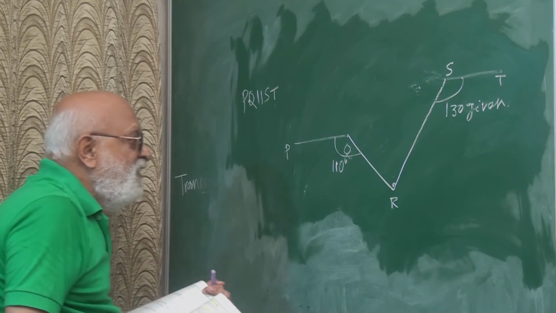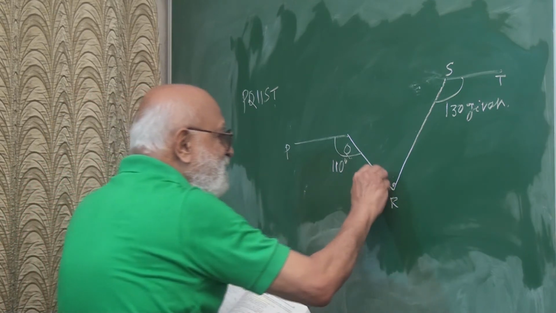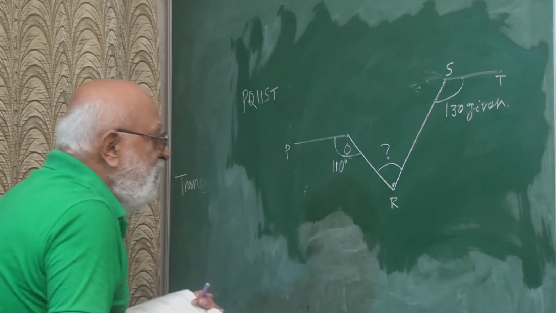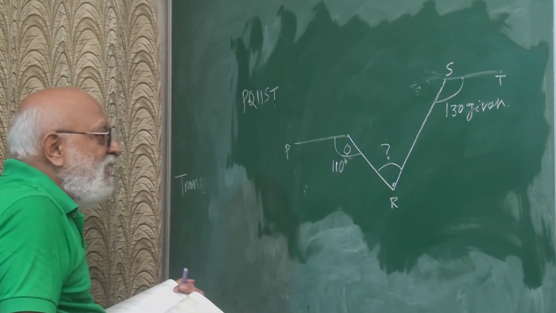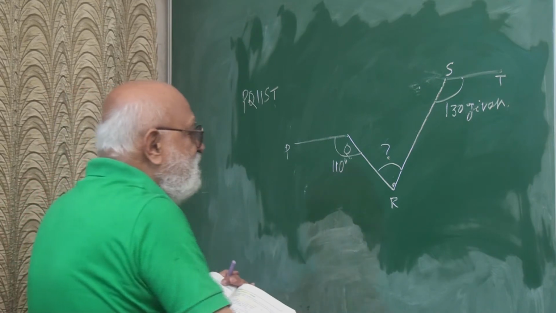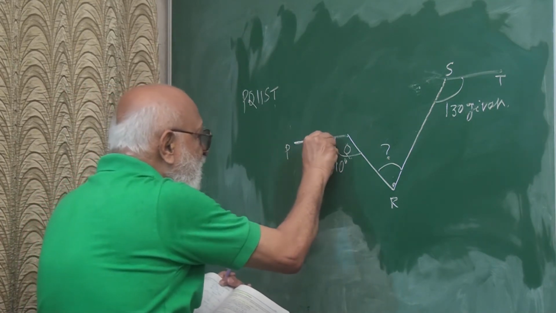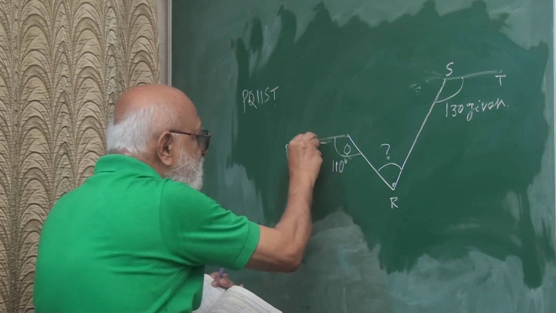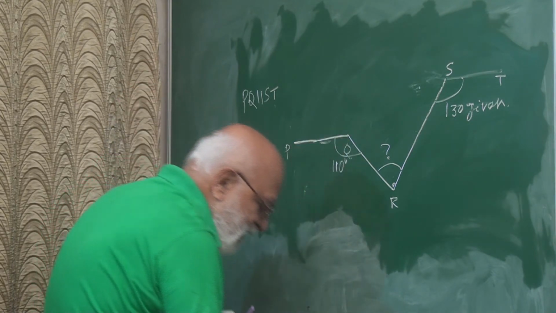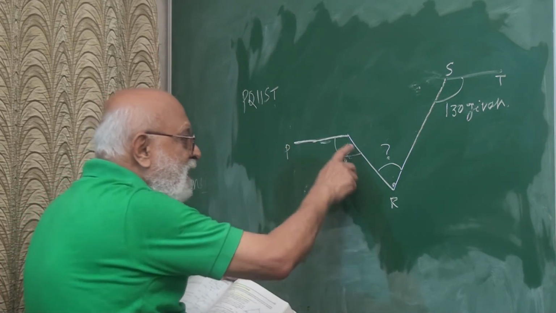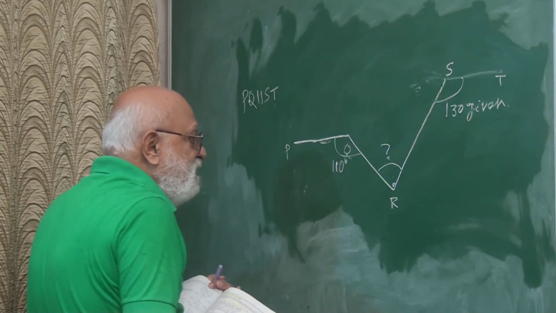I have to find out QRS, this angle. Now you will see that I do not have a transversal which cuts both the parallel lines. So I have to create a parallel line where I can use one of these lines as a transversal.